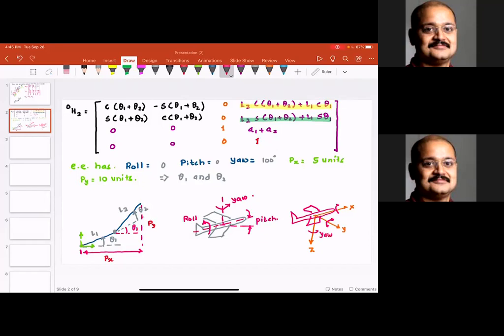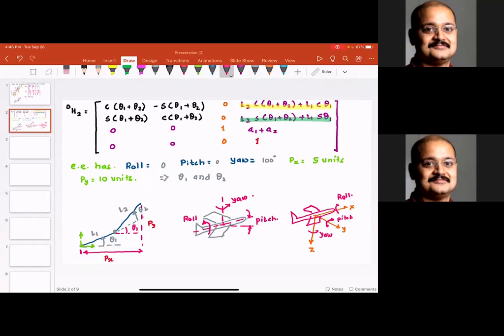So this is pitch, and this is roll. So north, east, and down. North is your x-axis, east is your y-axis, and down is your z-axis. So roll, pitch, and yaw.